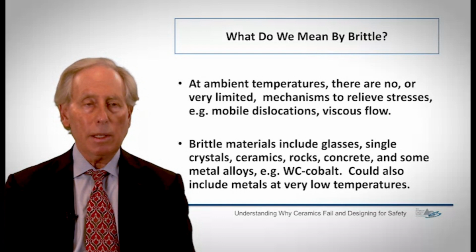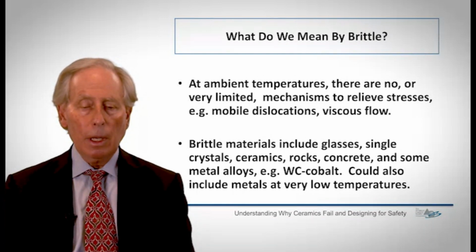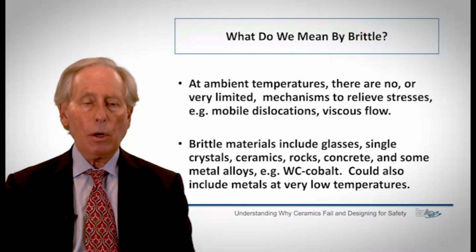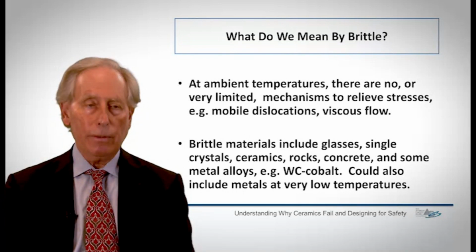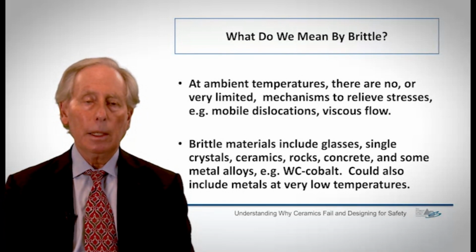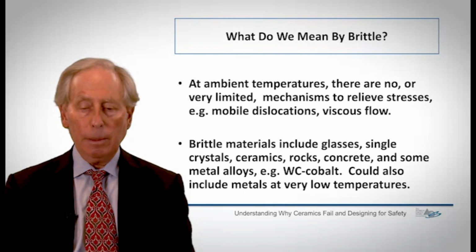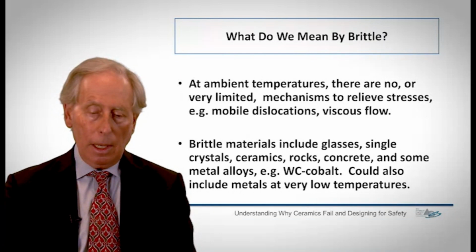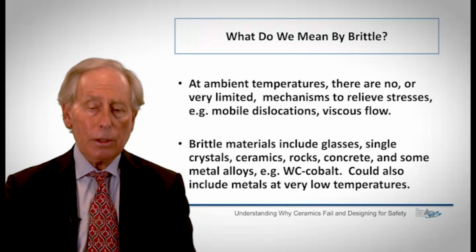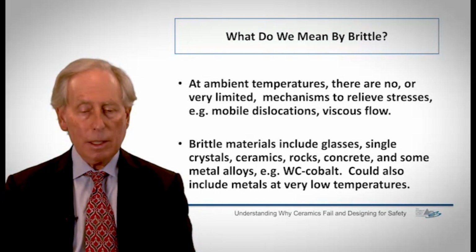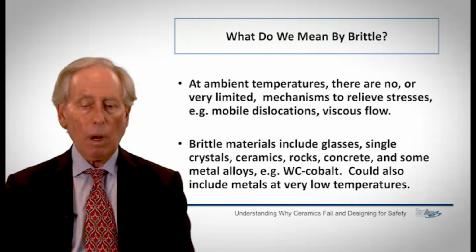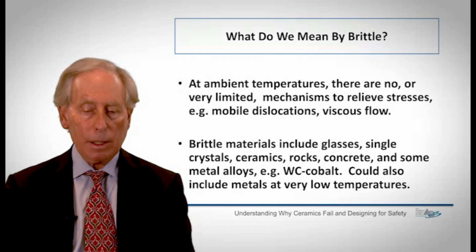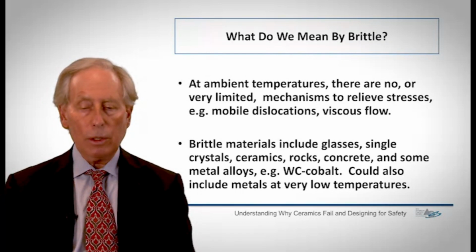Viscous flow doesn't occur, at least at room temperature. So when there are sharp cracks in the material and there are sufficient stresses at the tip of that crack, failure will occur immediately. And I said this earlier, but brittle materials that behave in this way include glasses, single crystals, ceramics, but also rocks and concrete, some metal alloys, and could also include metals at low temperature.